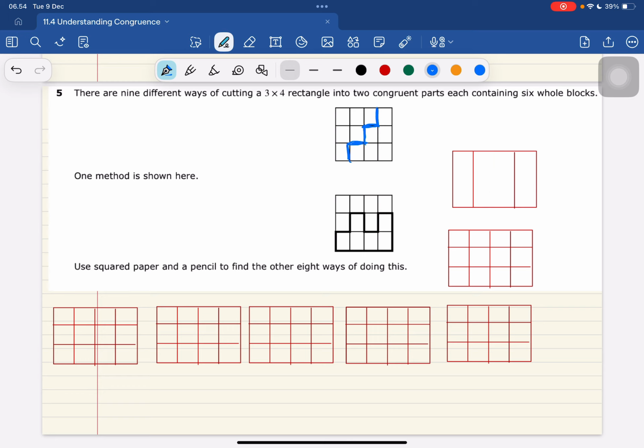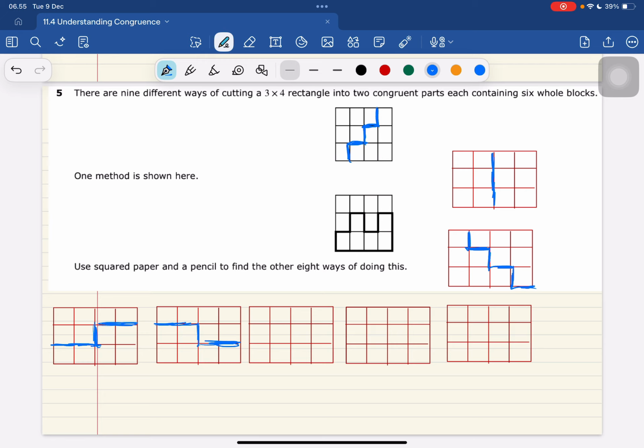Then we can make it here. And then the next congruent we can make as, okay, we got it. Then let's make it in reverse. Congruent again.